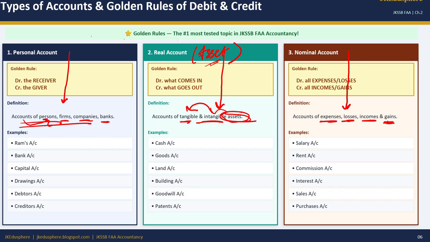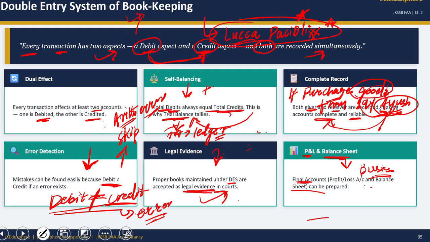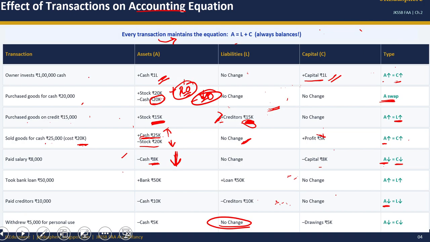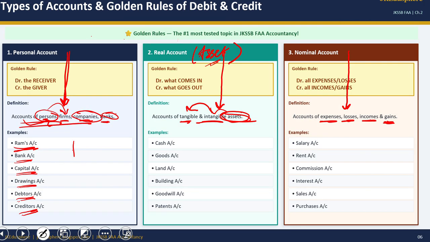So let's see some examples. First of all, personal account records persons, firms, companies, and banks. For example, Ram account, bank account, capital account, drawing account, debtor account, and creditor account. These are all personal accounts. Then we come to real account, where we record assets.